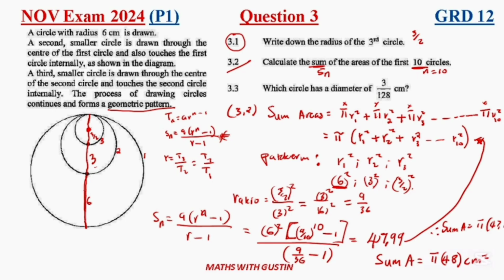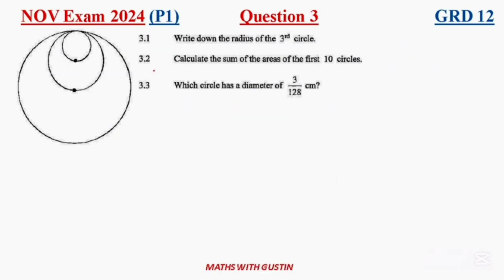3.3 said, which circle has a diameter of 3/128 centimeters? Okay, let's come this side. We already know the ratio, we calculated it that side, the ratio is 9/36. Our first term is 6 squared. What are they asking us? They're asking us to find the circle that has a diameter of 3/128, but remember, we're not working with diameter, we're looking for radius.